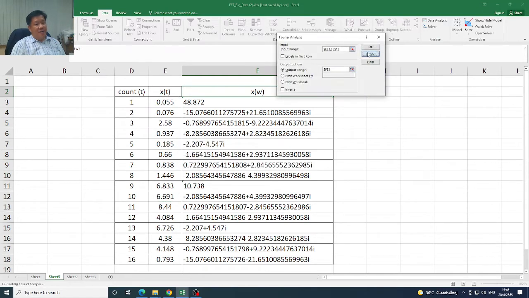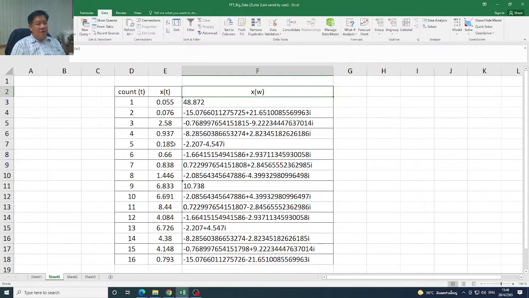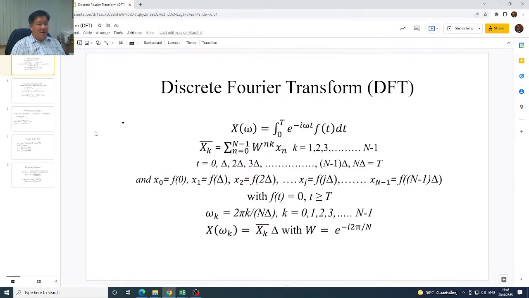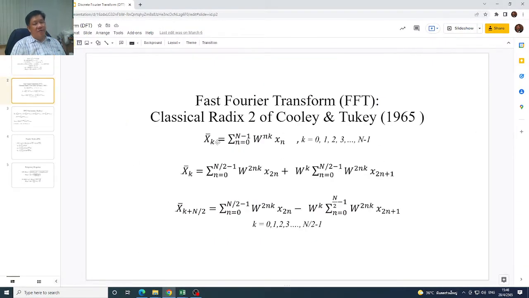You can know why you have to be restricted to a power of 2. You know from our last lecture that they implement what we call Radix-2. They're going to separate it. Once you separate it, if your N cannot be divided by 2 to become an integer value, you're not going to be able to decompose this.